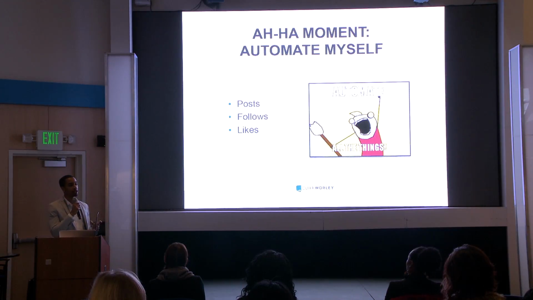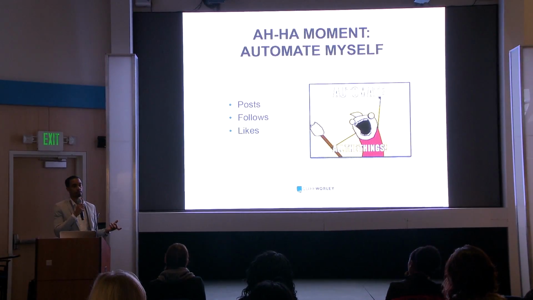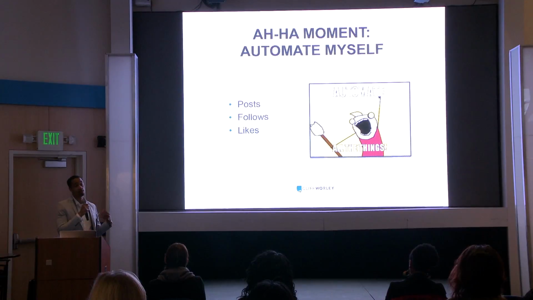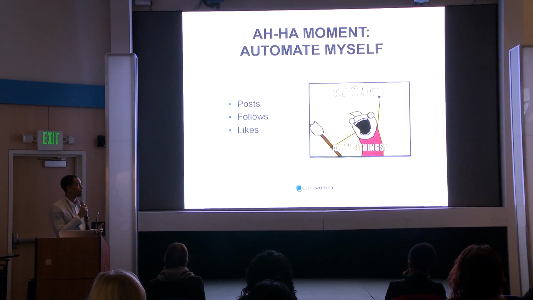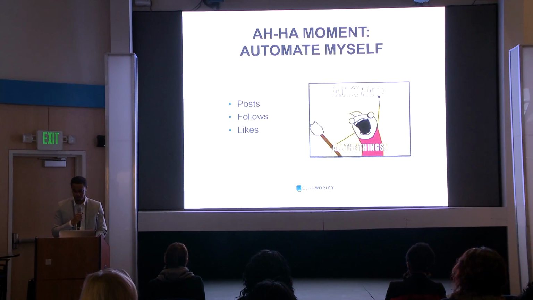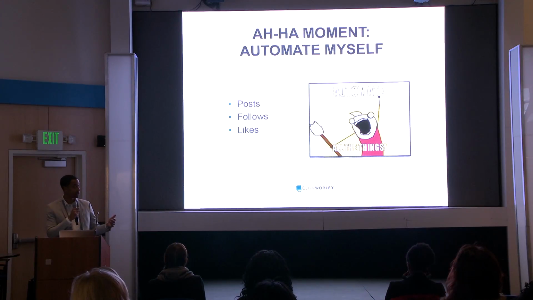So Instagram might say, a user account can only like 500 photos per day. So I could do that, but I'd be sitting there all day liking all these photos, and you can follow 600, 700 people a day. But I'm like, there's got to be a way to make a machine that does this, right? So I wanted something that does the posts, the follows, and the likes. So that's my goal, and I'm going to teach you guys how you can automate yourself online.